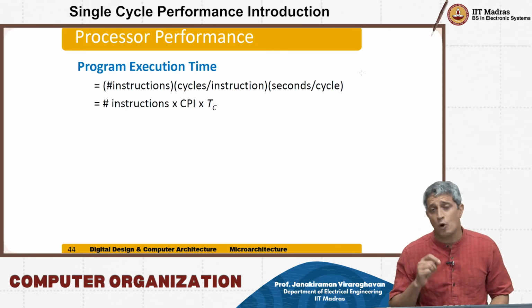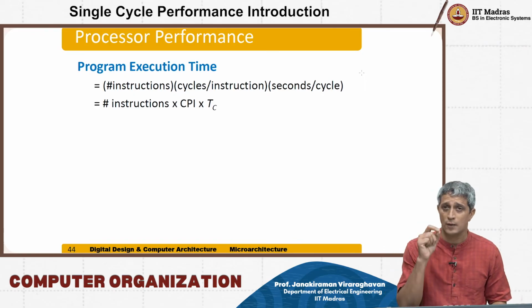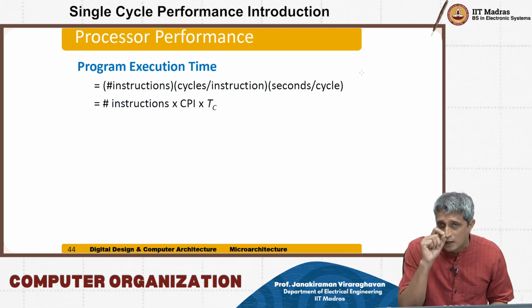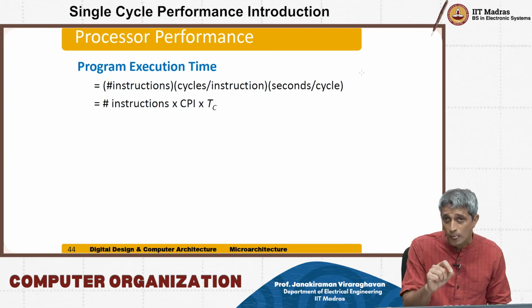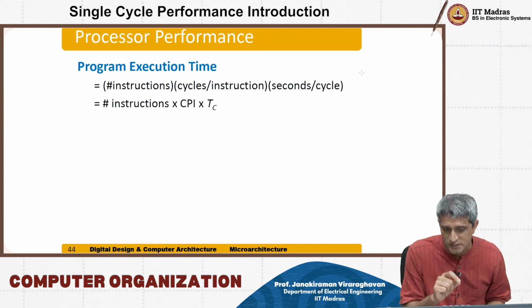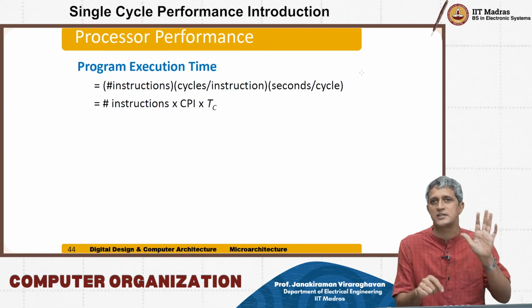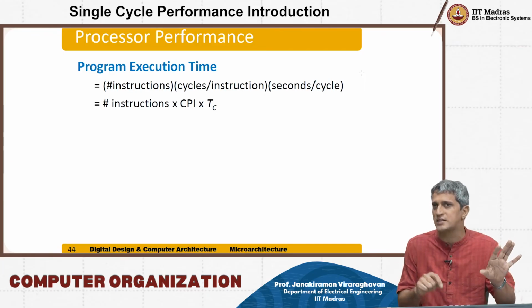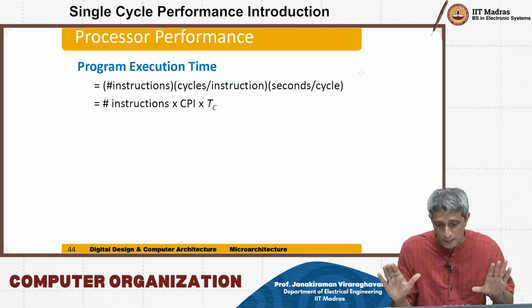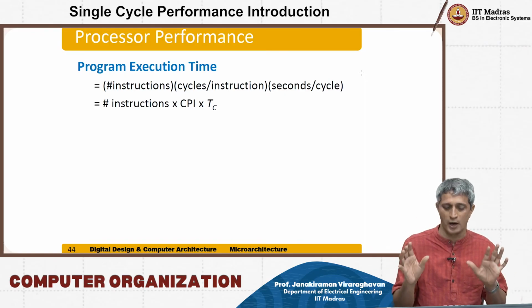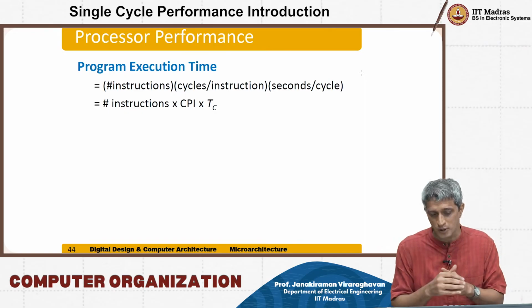Now the key point to note here is that the number of instructions might be much larger for RISC V compared to an x86. However, if you compare a single cycle execution of x86 and a single cycle execution of RISC V, the CPI is the same. Both will take only one clock period, one clock period per instruction.